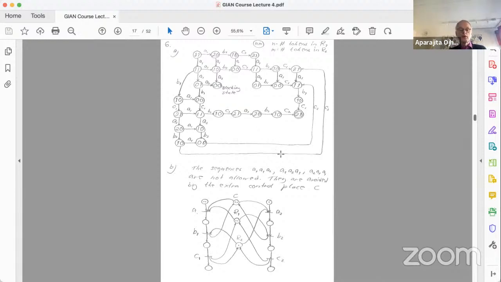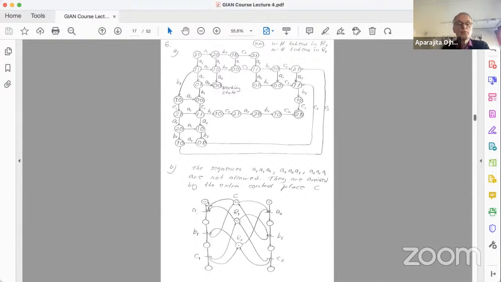But now the more interesting question is, can we reduce this system to avoid this blocking state? And you could see that the situation arises when you have generated 2 A1 and 1 A2. So either A2, A1, A1, then you get into the blocking state, or A1, A2, A1, or A1, A1, A2.